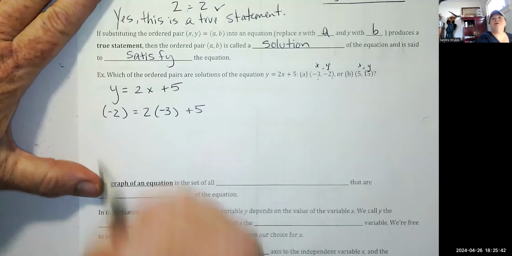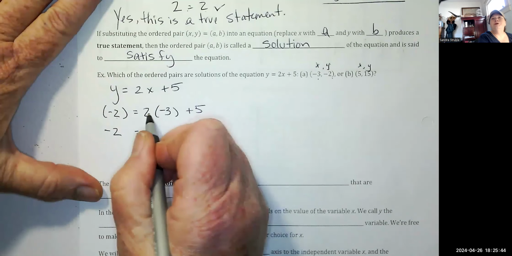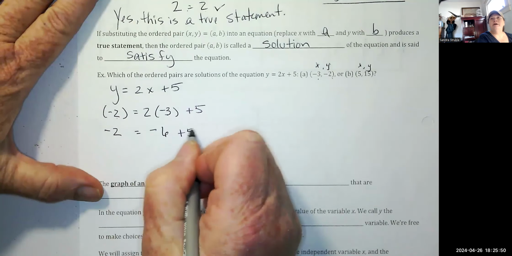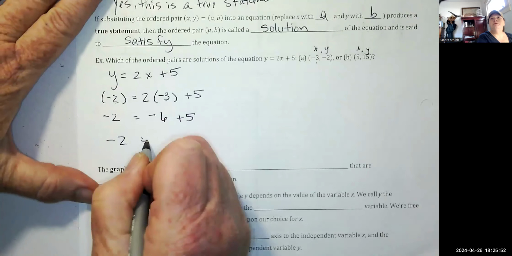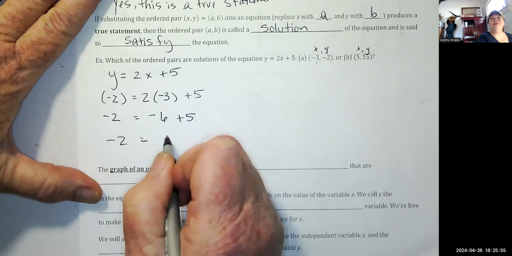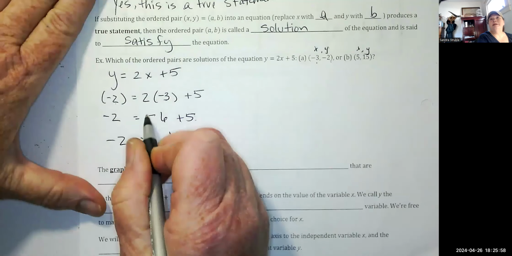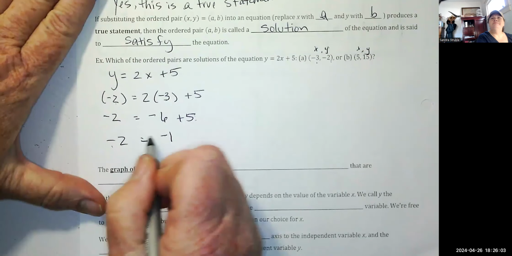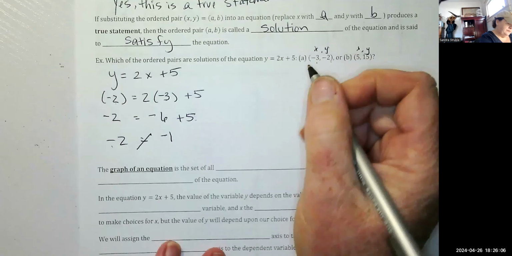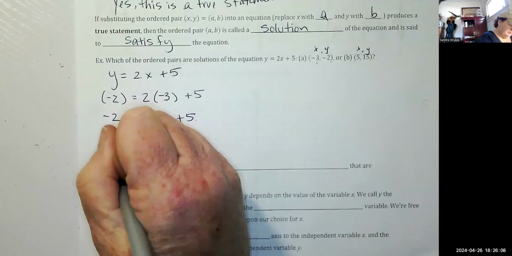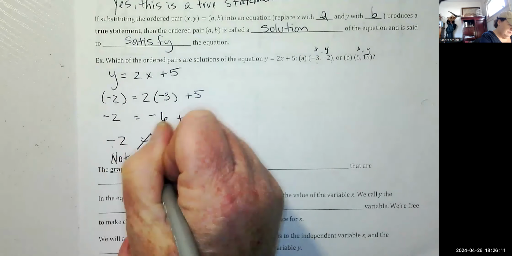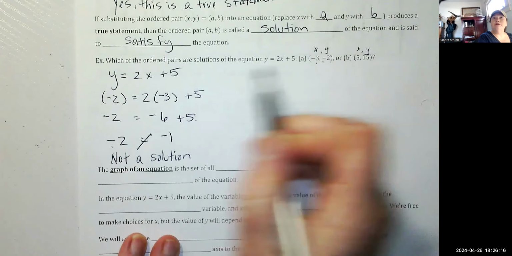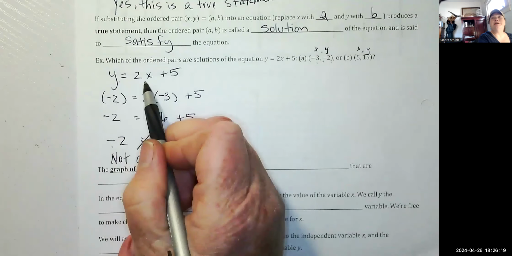Now we're just going to bring these straight down. -2 is equal to 2 times -3, just doing order of operations, is -6 plus 5. The signs are different, so we subtract and take the sign of the larger number. -2 doesn't equal -1. So no, not a solution. That means that (-3, -2) is not a solution of the equation y equals 2x plus 5.